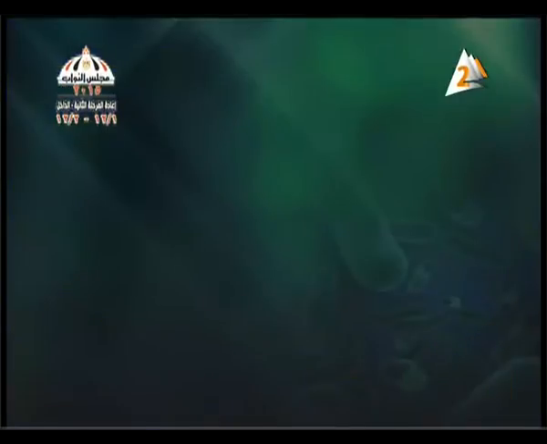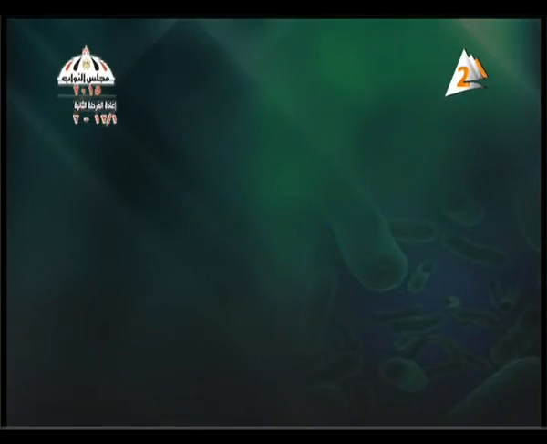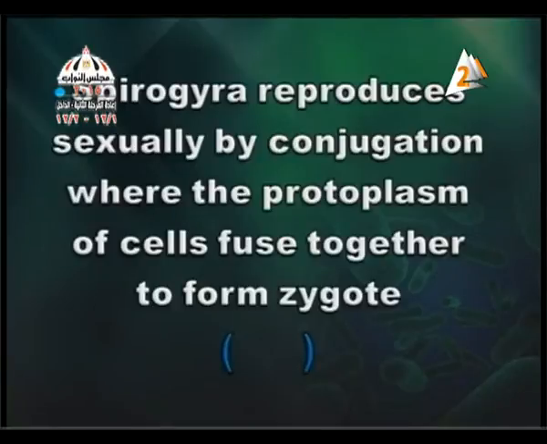Another item of questions. Put right in front of the right statement and wrong or incorrect in front of the wrong one. Then rewrite the statement after being corrected. First, Spirogyra reproduces sexually by conjugation, where protoplasm of cells fuse together to form a zygote.